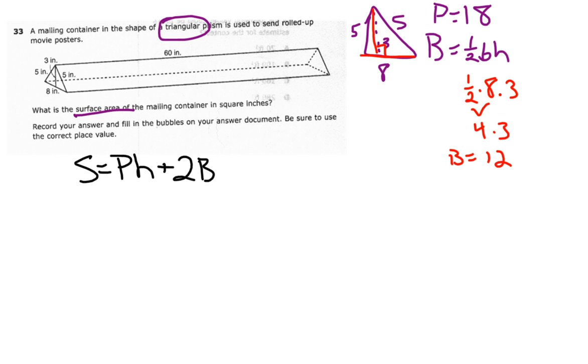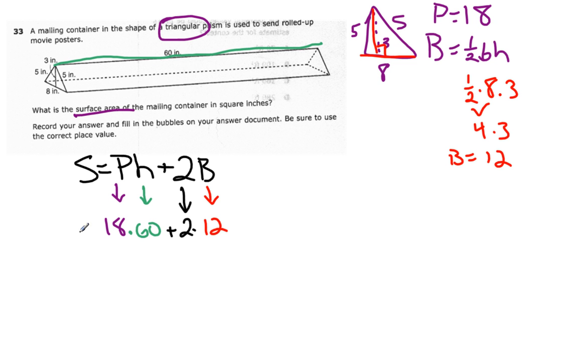We can fill these numbers in. 18, area of the base, 12. The height of the prism, the distance from one base to the other, is this long side, 60. And our 2, as always, is just happy to be a 2.